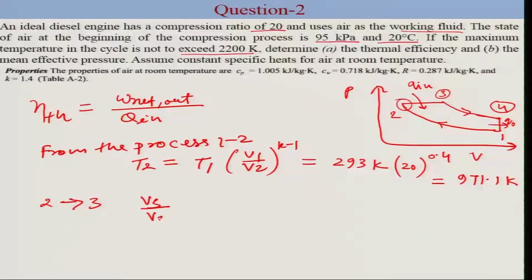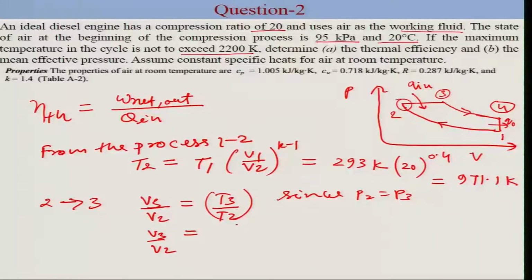Now from the process 2 to 3, which is an isobaric process, V3 upon V2 equals T3 upon T2, since P2 equals P3, and we have assumed that air is behaving as an ideal gas. So this ratio V3 upon V2 will be equal to 2200 Kelvin divided by 971.1 Kelvin.